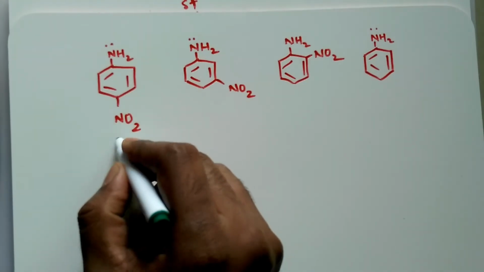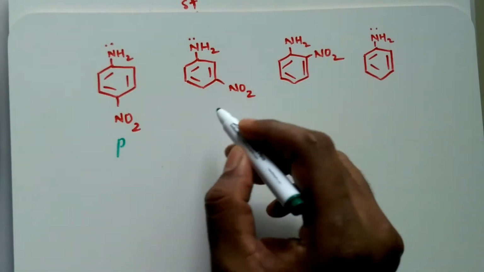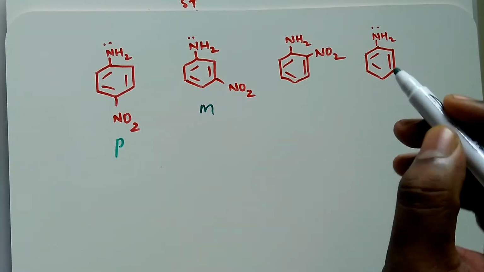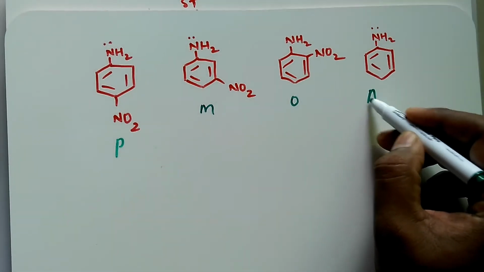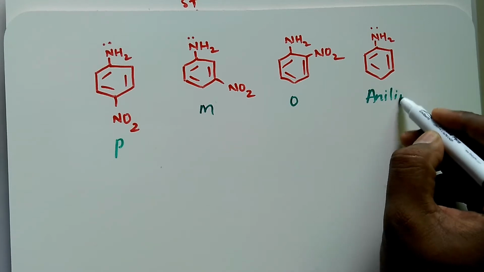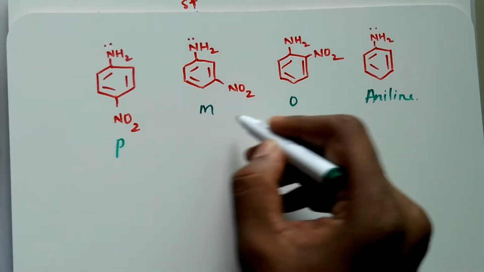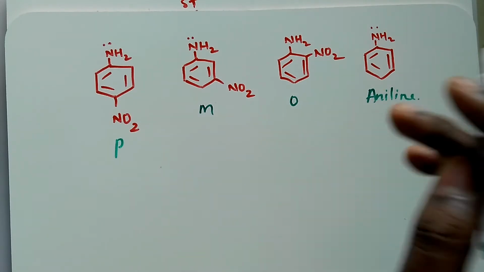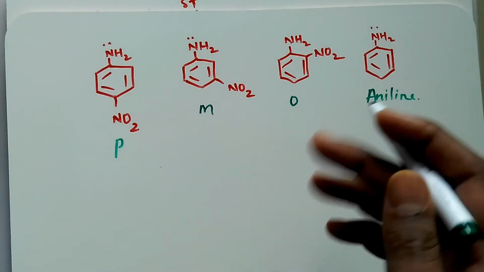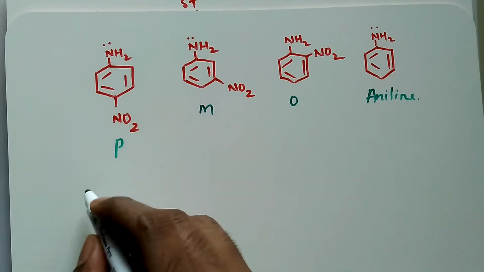This is para nitroaniline, this is meta nitroaniline, this is ortho nitroaniline, and this is aniline. Which among these four will be more basic? To come to know which is more basic, we have to remember the resonance.